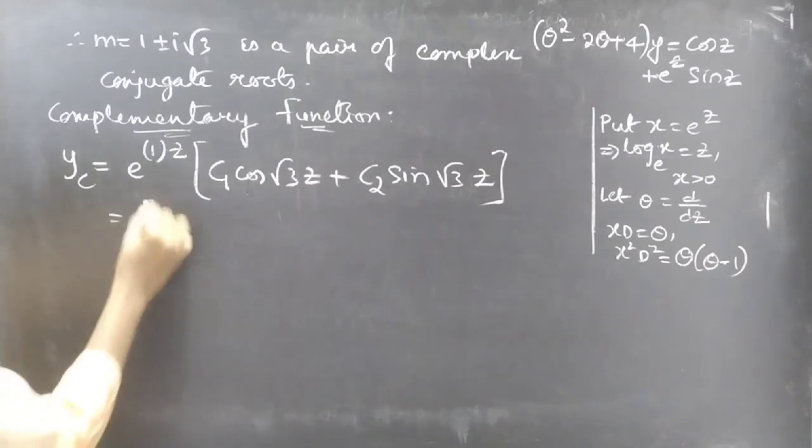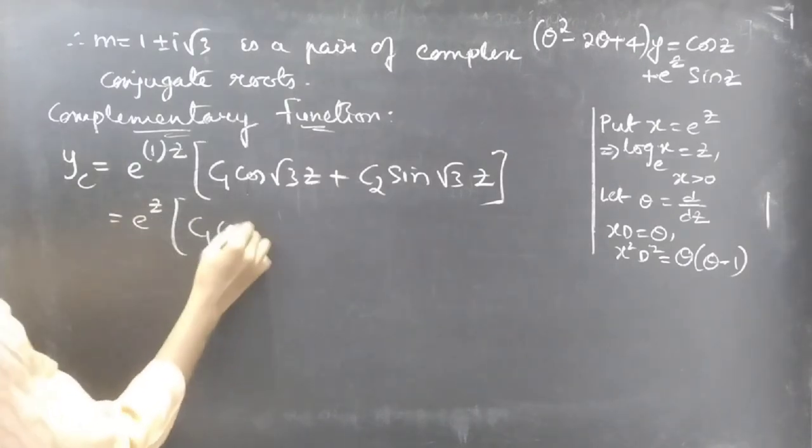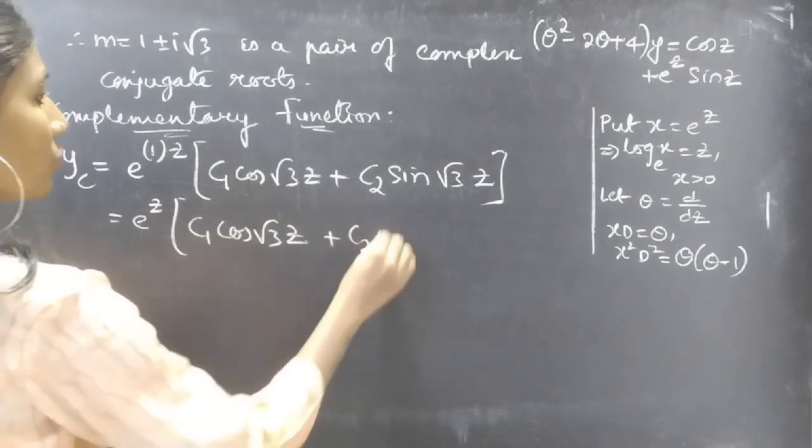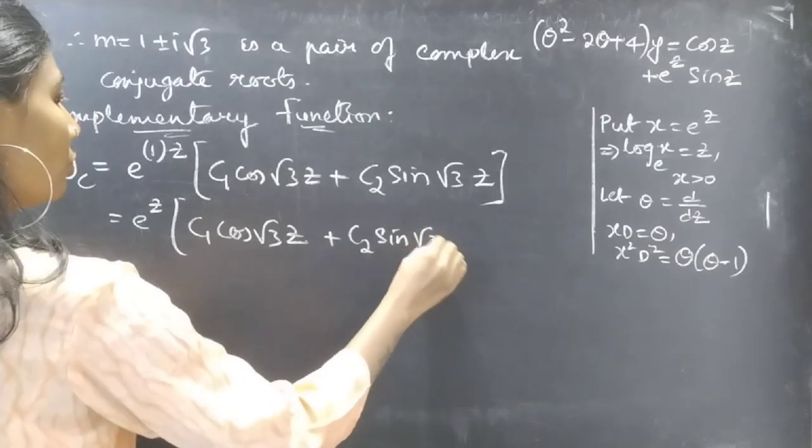This equals e power z into c1 cos root 3z plus c2 sin root 3z.